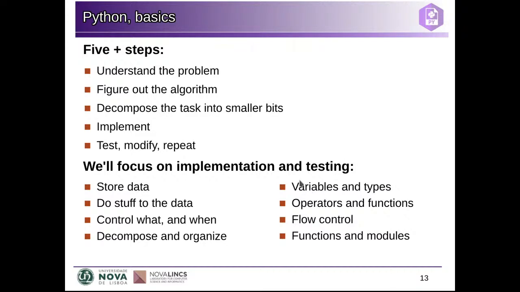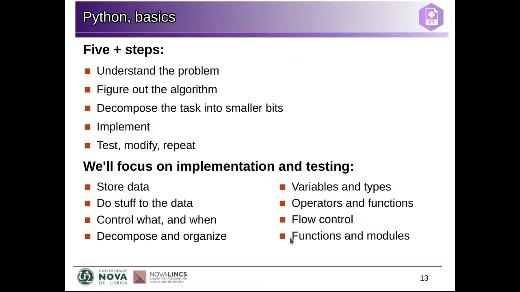We're going to look at variables where we can store values of different types. We're going to look at operators and functions that Python already provides that we can use to transform the data, to modify the values. We're going to look next week at flow control, how we can decide what is done and when.